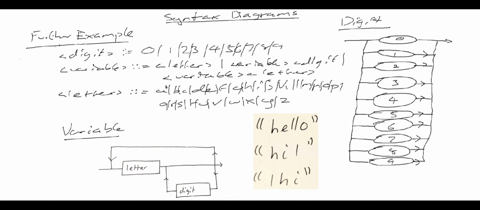So whereas in BNF we've got these recursive definitions in the production rules, with these syntax diagrams they become a lot clearer.